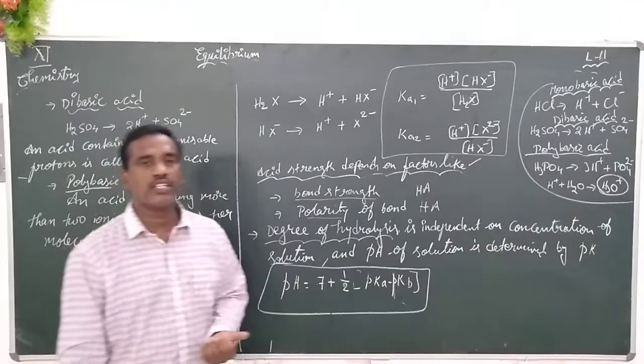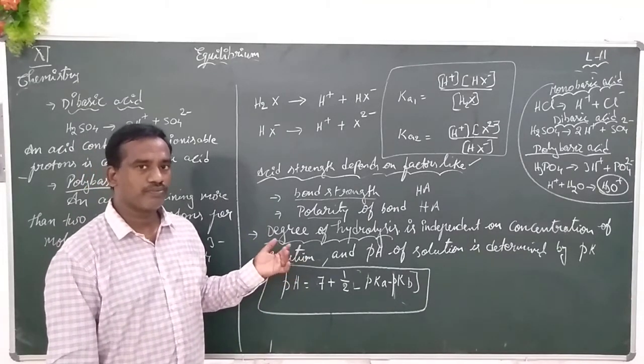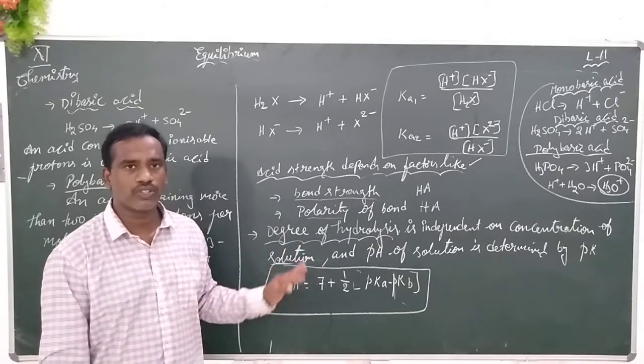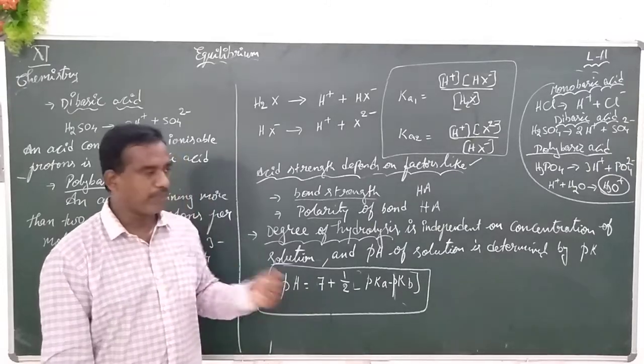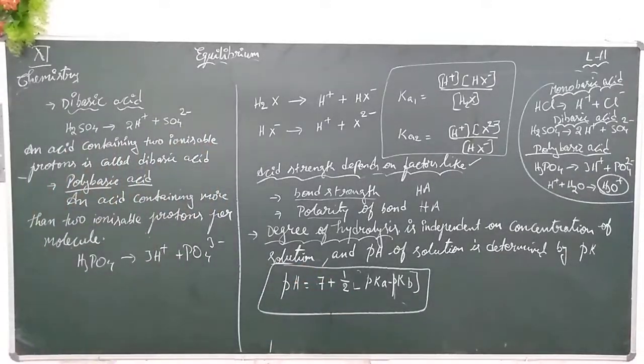So how do you calculate the pH where the degree of hydrolysis does not depend on concentration? You say pH is equal to 7 plus half of pKa minus pKb. We will see one numerical problem on this, and next we will go for the next concept in this chapter.